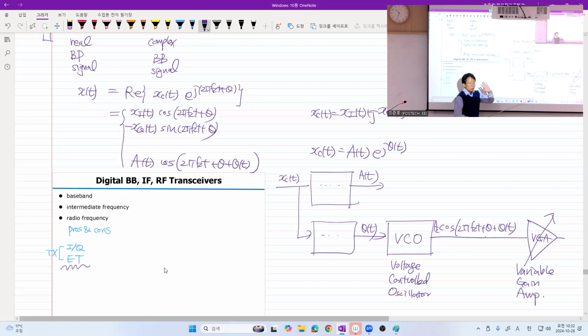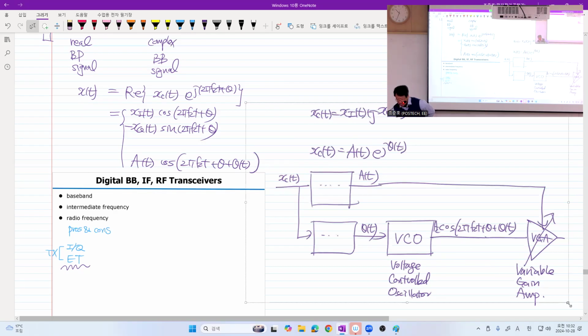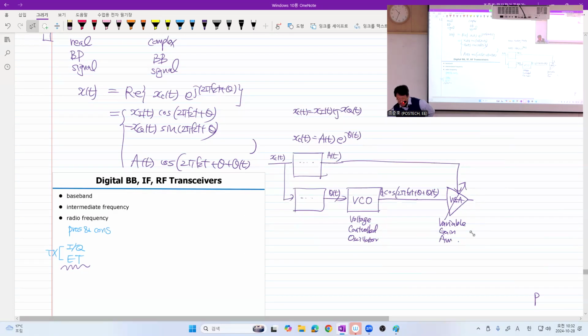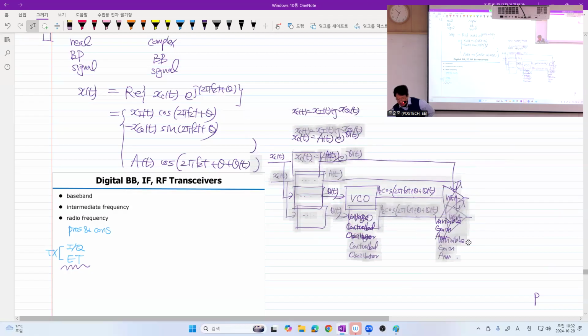So motivated by this alternative form of a real valued bandpass signal, people started to think about a transmitter structure like this.